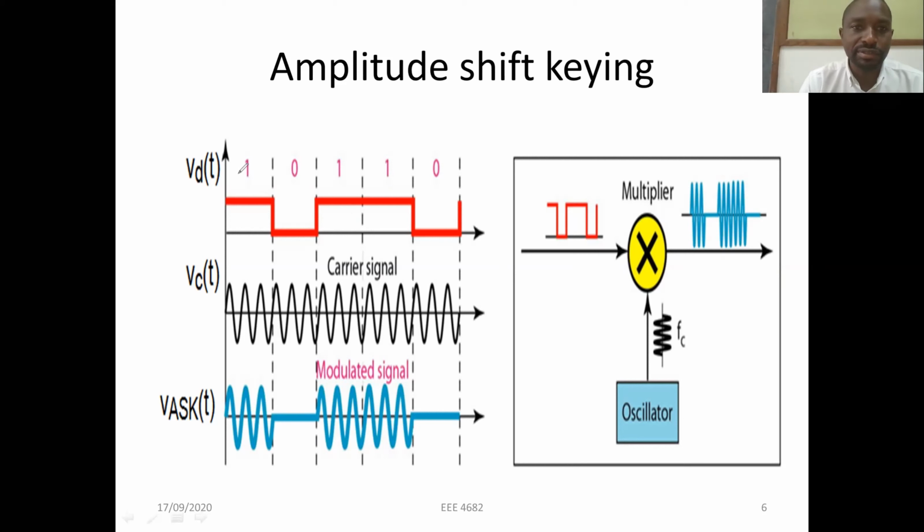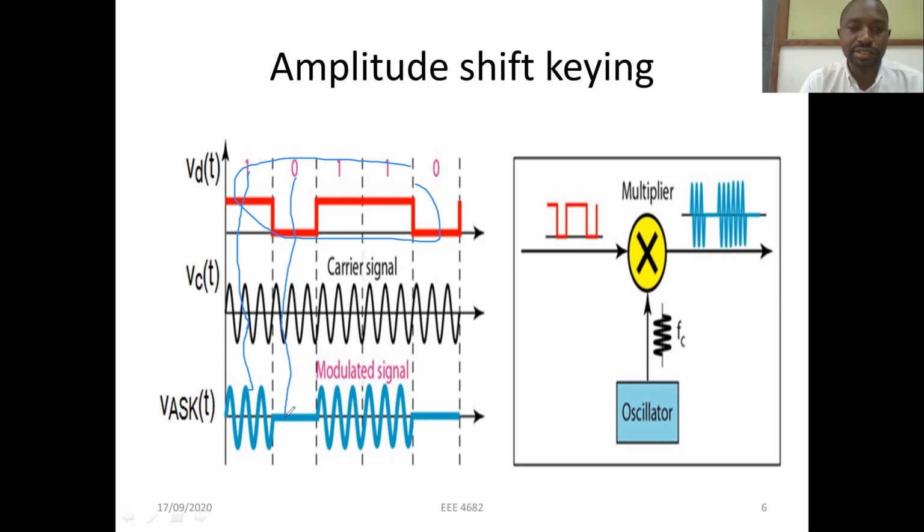Then you have a digital signal here, and this digital signal will vary the amplitude of the carrier in accordance with the format of the digital signal, whereby in an event you have the digital signal being equal to 1, the amplitude of the carrier remains the same, but in an event you have 0, the amplitude changes. In this case, it is changing to 0.